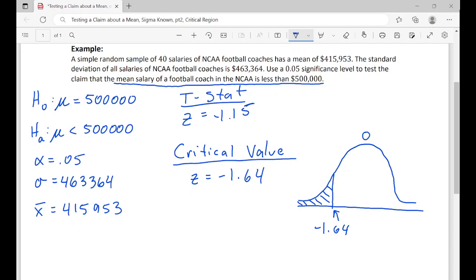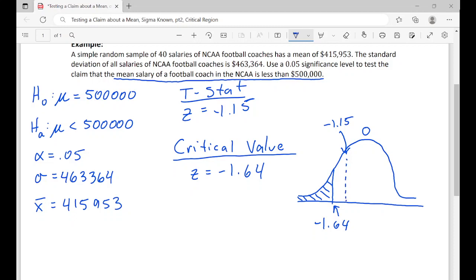Now, where is negative 1.15? Is it in this region here, or is it in this region here? Well, negative 1.15 is not less than this. It's more than. It's going to be somewhere right here. Is it 100% accurate? No, but it's definitely going to be somewhere right there.